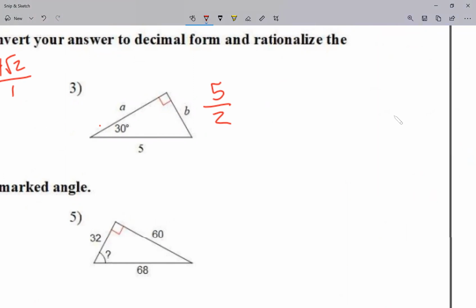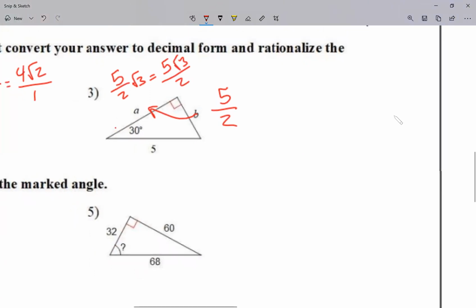Now that I have the small side, I can get to this side because I have to multiply this by radical 3. So it's basically 5 over 2 times radical 3. I'm only going to multiply the radical with the top. So it's going to be 5 square root of 3 over 2. My square root is simple. My fraction is simple. I don't have square roots at the bottom, so I'm good.